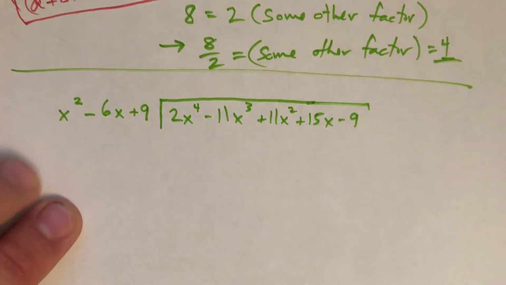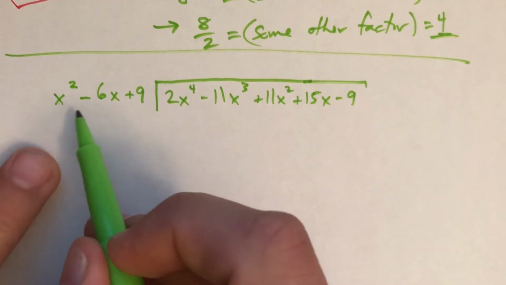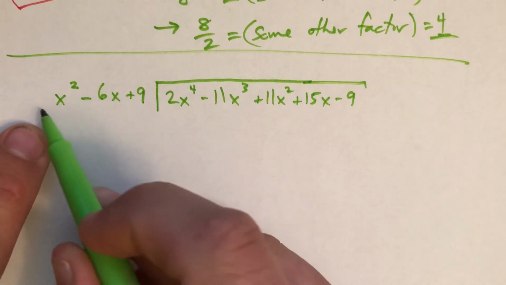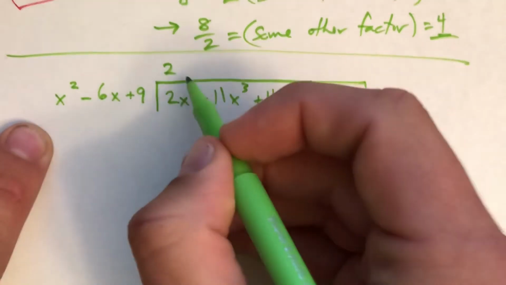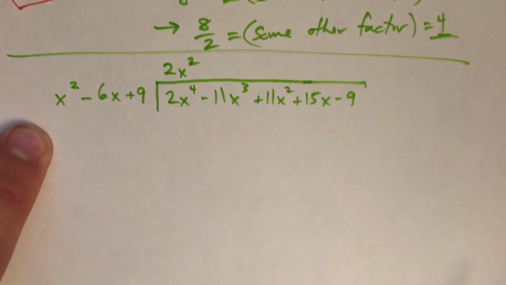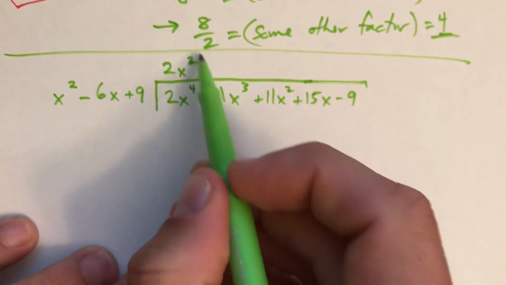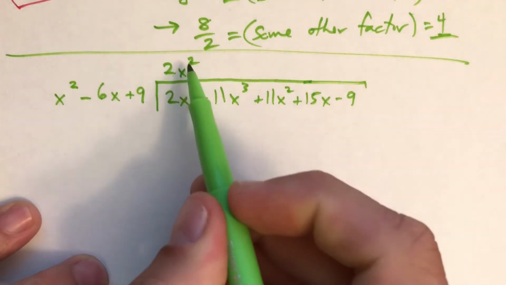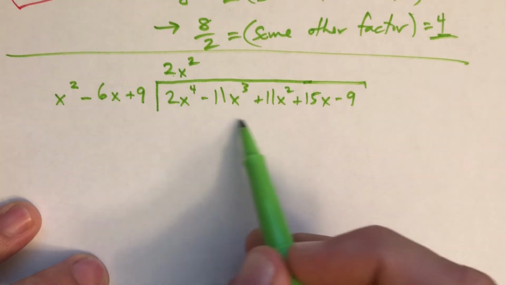Okay, and now we just go through the motions doing our long division here. So we look at the leading term and we say, what do we have to multiply x squared by to get to 2x to the 4th? Well, I need a 2, and I need to get a square to be a fourth, so I want to multiply by x squared. Now, just like regular old long division with integers, I'm going to multiply this polynomial by this number, and I'm going to put that right under here.